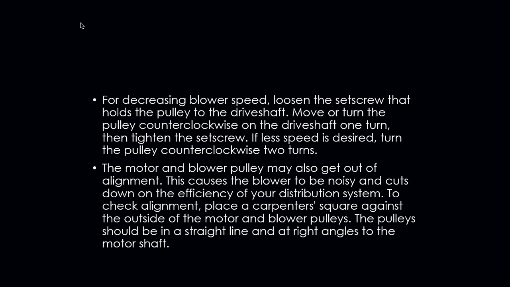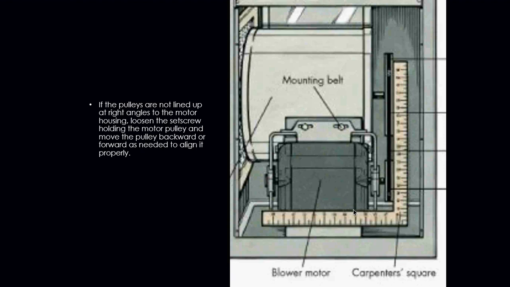To check the alignment, we can use a carpenter square against the outside of the motor and blower pulleys. The pulleys should be in a straight line and at right angles from the motor shaft, as you can see in this picture.